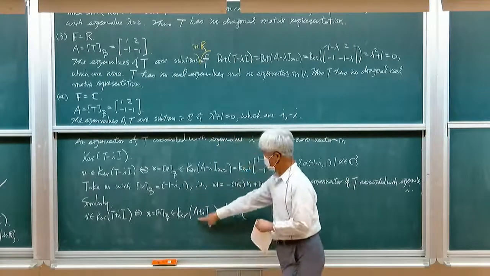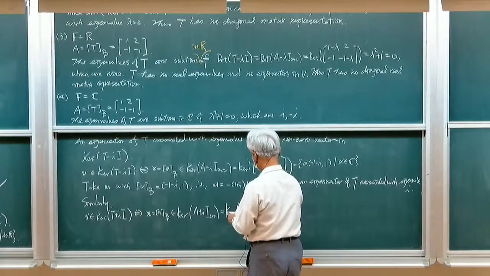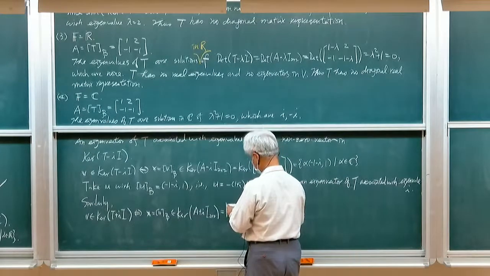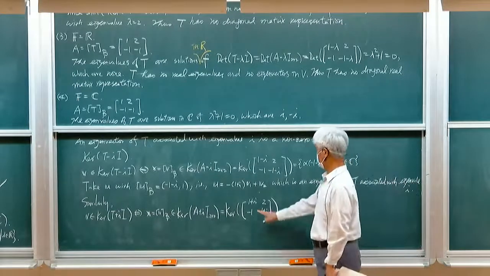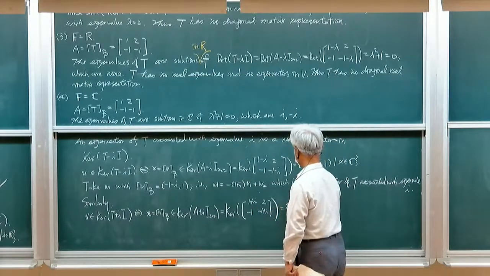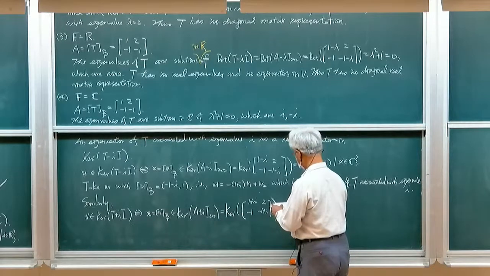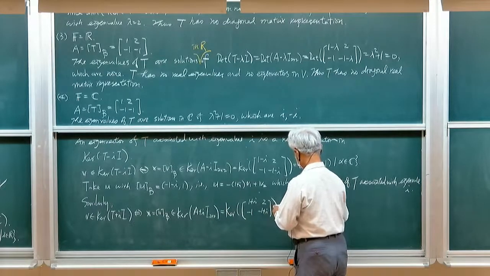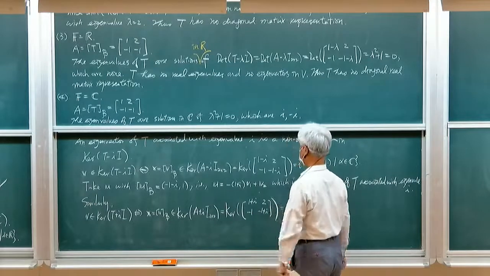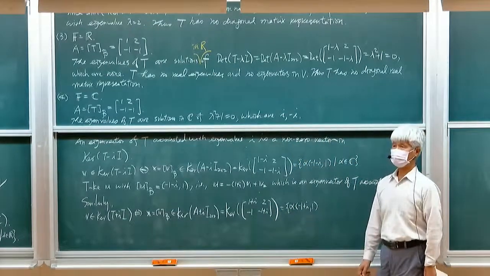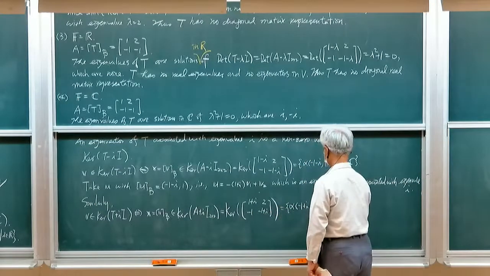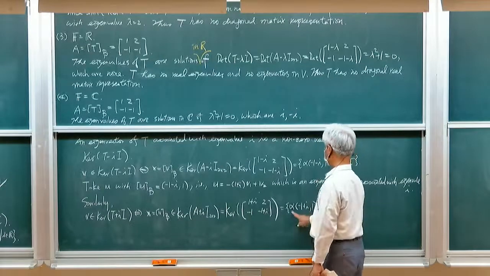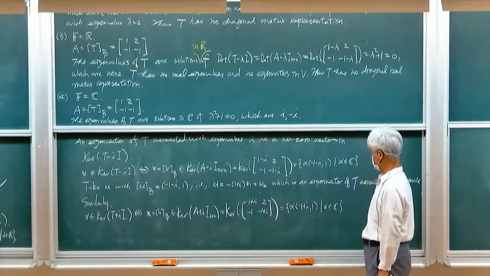After some algebraic manipulation, this becomes the kernel of this complex matrix. By using elementary row operations, we find the solutions to be a multiple of this vector.